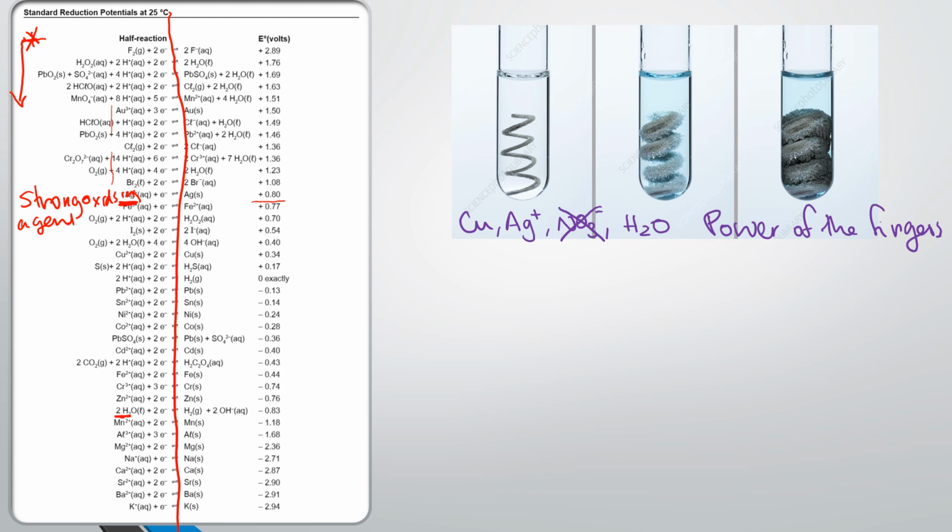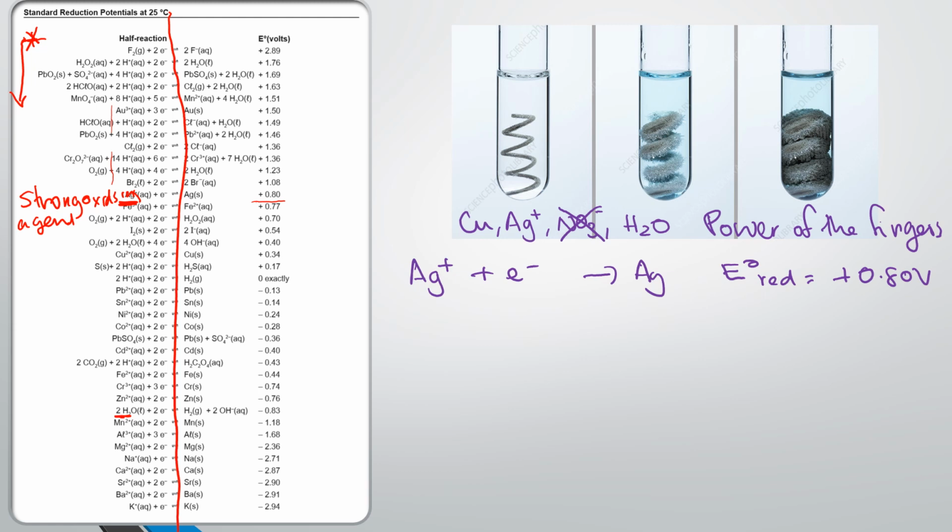So that means the silver ions reducing is much more likely to happen because it's a stronger oxidizing agent than water. So we're going to write down now that our silver ions plus an electron goes to silver. Its E0 for reduction is equal to positive 0.80 volts.